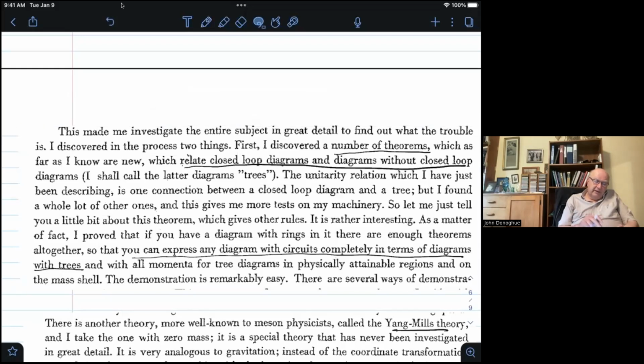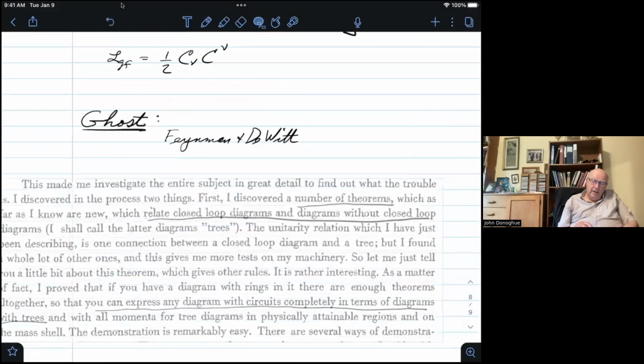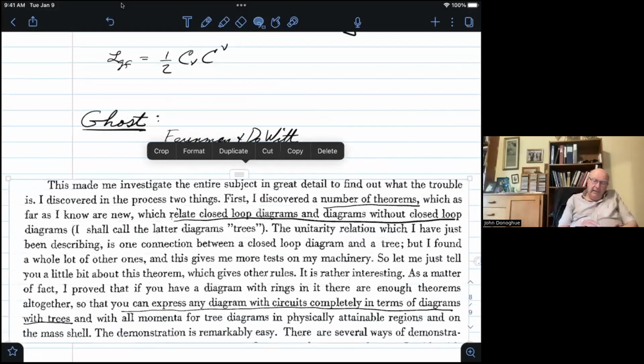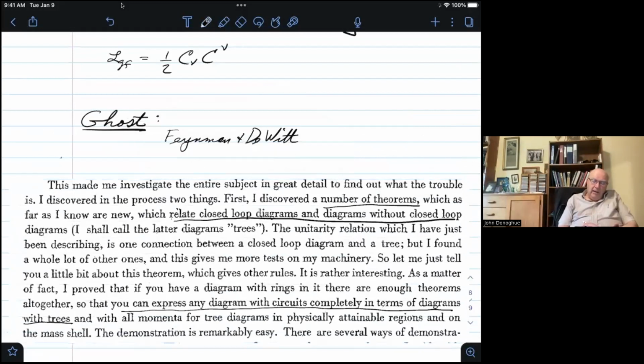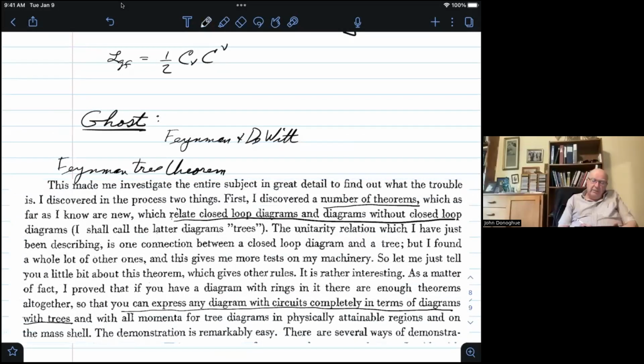Feynman's tree theorem is the relationship between closed loop diagrams and diagrams without closed loops.